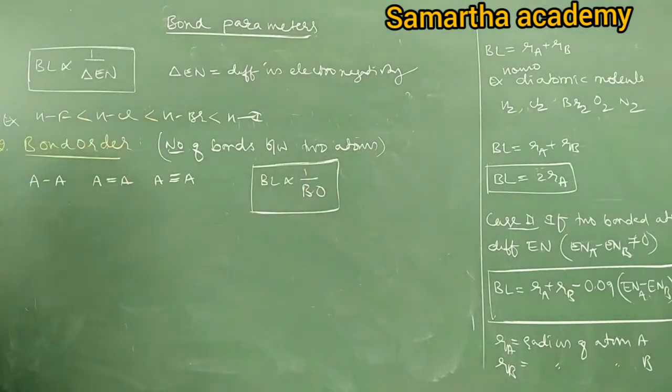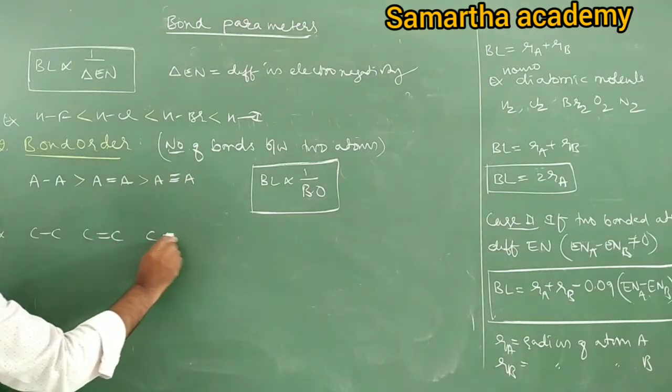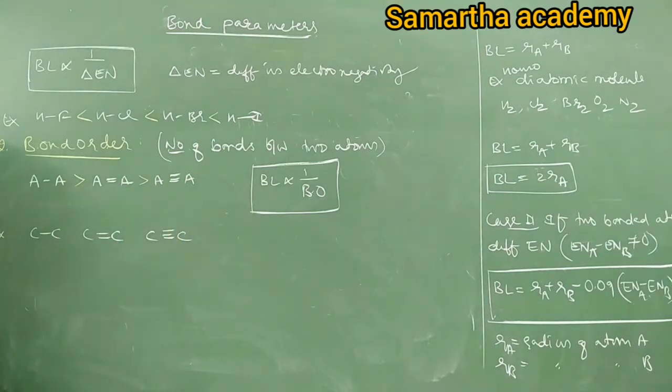So if I want to give the order of these bonds, a single bond has more bond length than a double bond, than a triple bond. One more example, let us take carbon-carbon single bond, double bond, triple bond. Do you know the bond length of a carbon-carbon single bond?